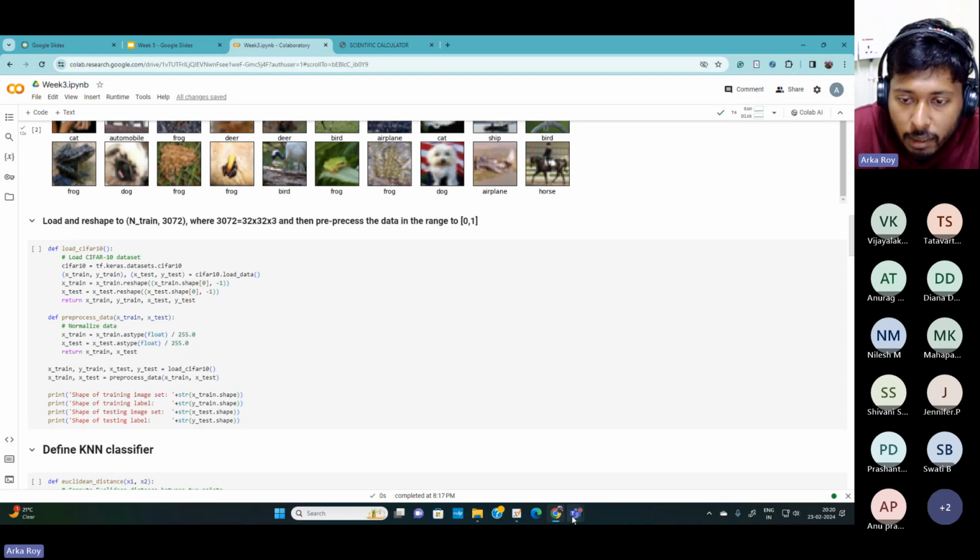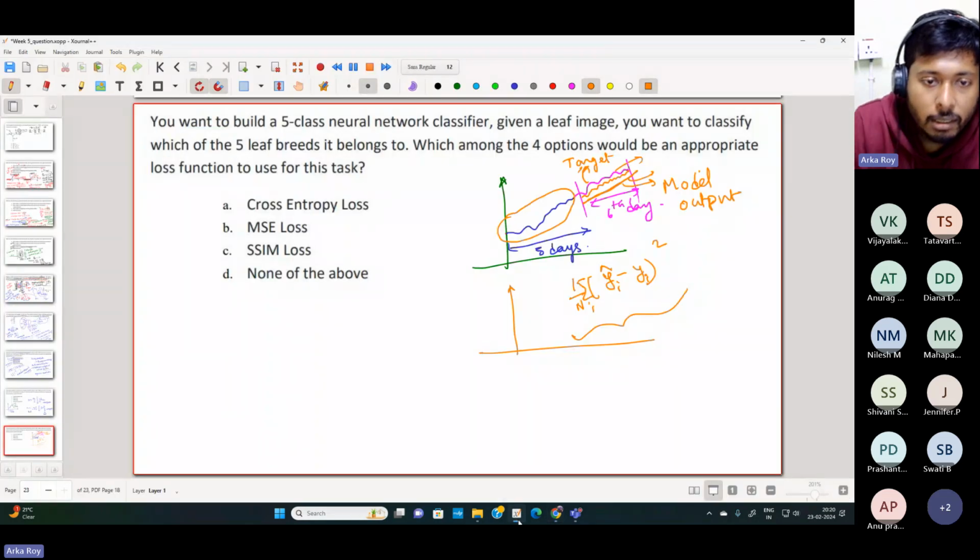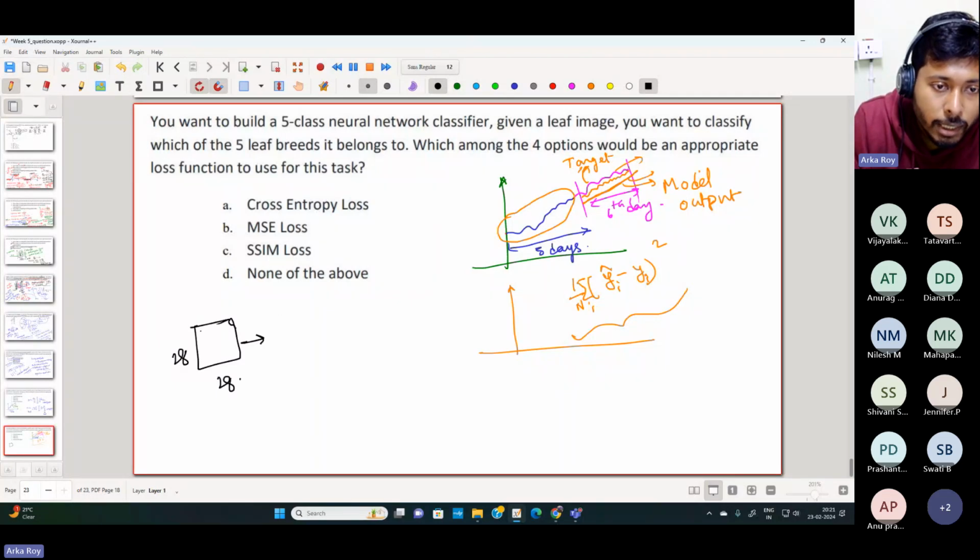And we have seen in the lecture that if you have an image, let's say a 28 by 28 image, how can you generate features? You can take one column, place it like this, then append the second column, then do the same up to the last column.